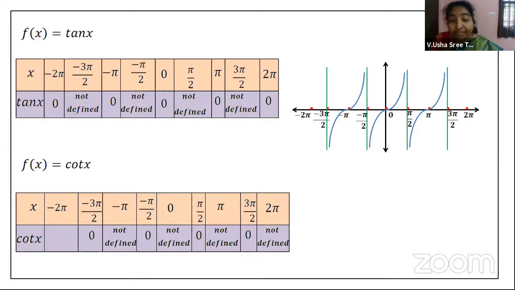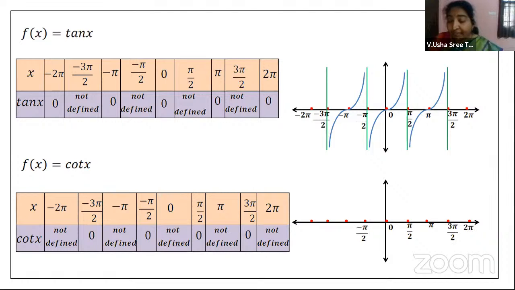Likewise, in the negative direction also, we will take the values. Then let us see how the graph is. We are taking the points 0, 90, 180, 270 and 360. Just observe. We are taking in the negative direction also.